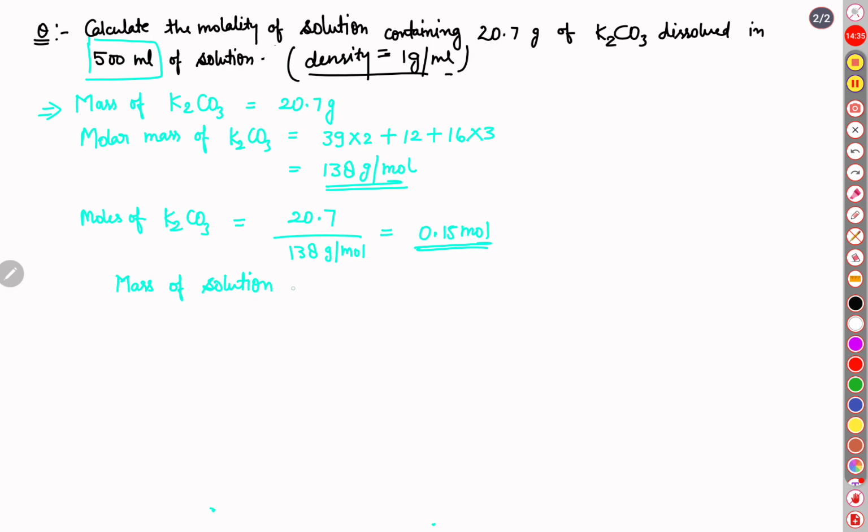Density is equal to mass by volume, so mass is equal to density into volume. Density is 1 and volume is 500. Then the mass is 500 gram. So we have found the mass.